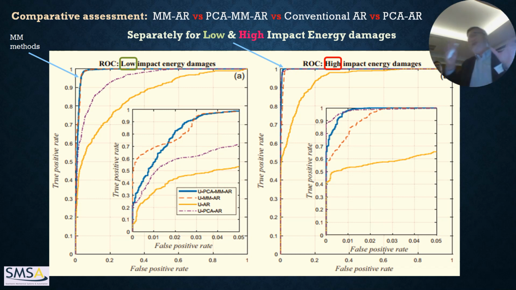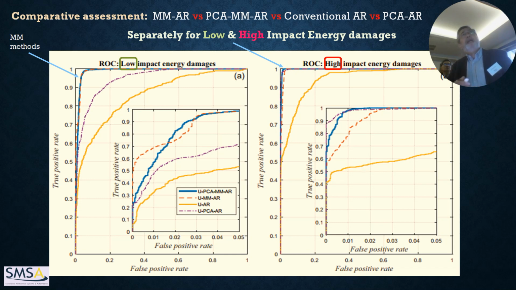If you use classification type approaches, like the K nearest neighbor approach and so forth, one can improve performance. So we can achieve performance, as you can see here, quite a bit. Now we're getting closer to that critical, to that magic point. This is for low impact damage, so this is the difficult case.